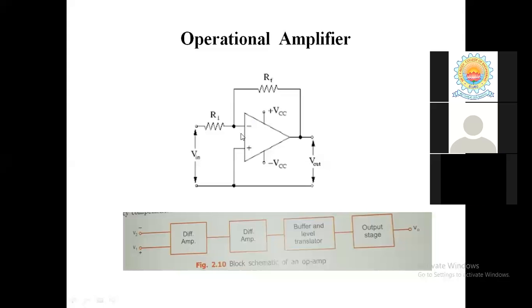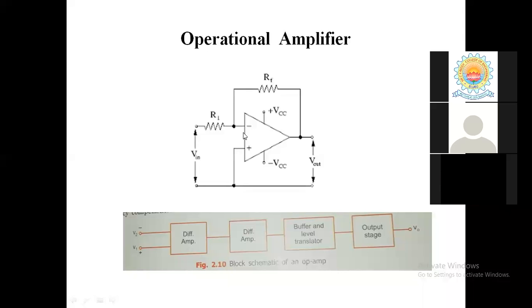I am moving with a pointer, and this is the integrated circuit of the operational amplifier. Here we have two input terminals: one is the negative input terminal, and the other is the positive input terminal. We call the negative input terminal the inverting input terminal, and the positive one the non-inverting input terminal.